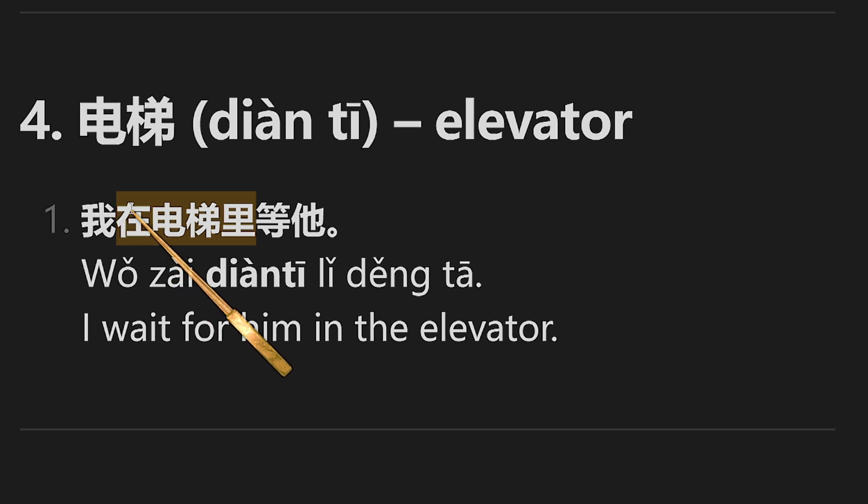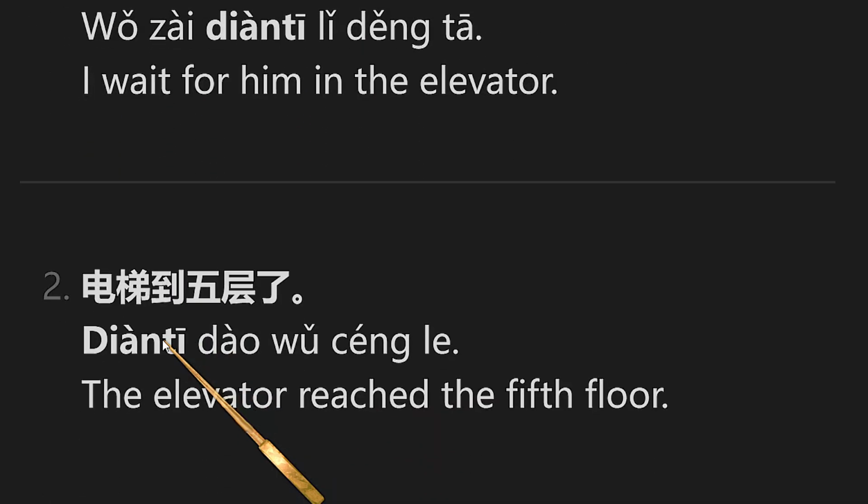So 在电梯里 inside of elevator, 等他 wait for someone, 等 to wait for someone. So 我在电梯里等他。Wait for him in the elevator.